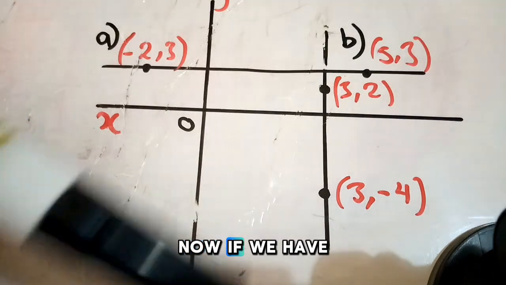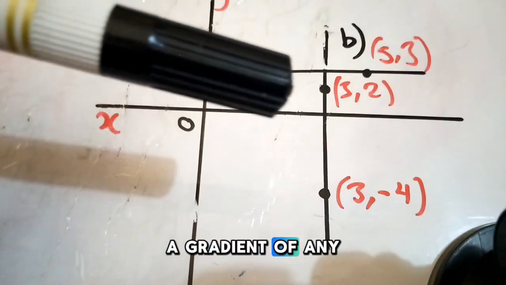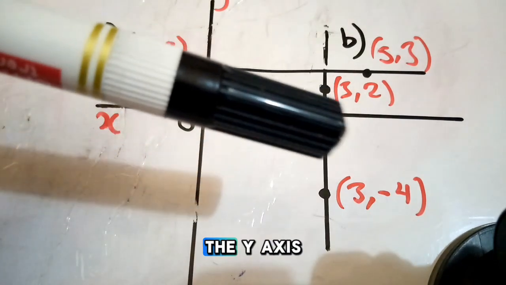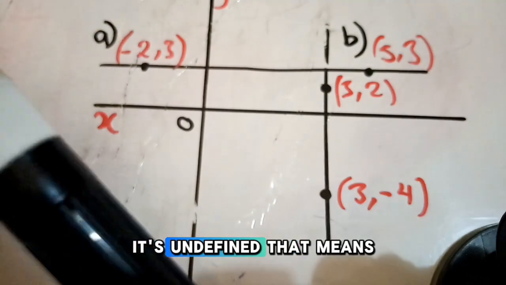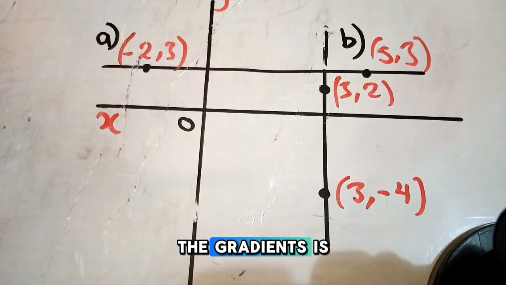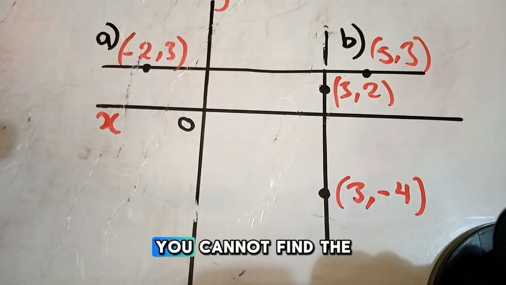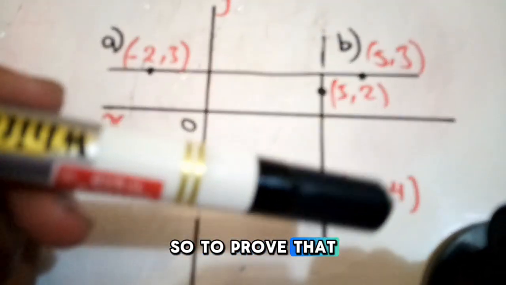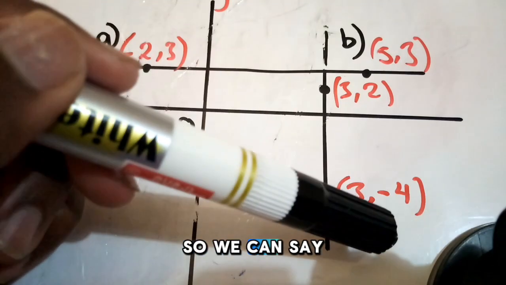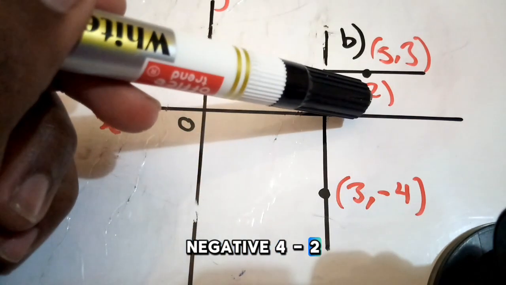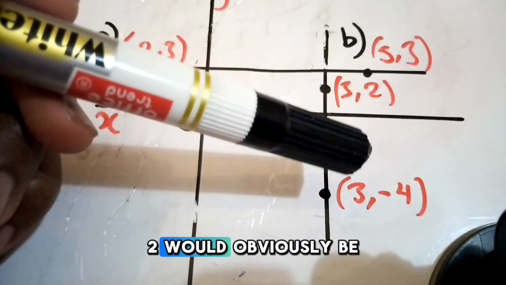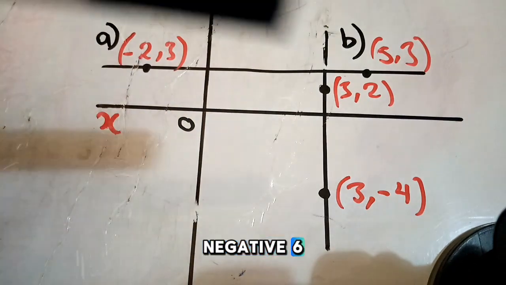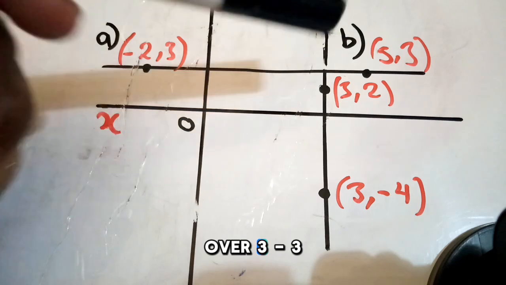Now, if we have a gradient of any line which is parallel to the y-axis, it's undefined. That means you cannot find the gradient. There is no gradient. To prove that, we have these two, so we can say negative 4 minus 2. So negative 4 minus 2 would obviously be negative 6 over 3 minus 3, that's 0.